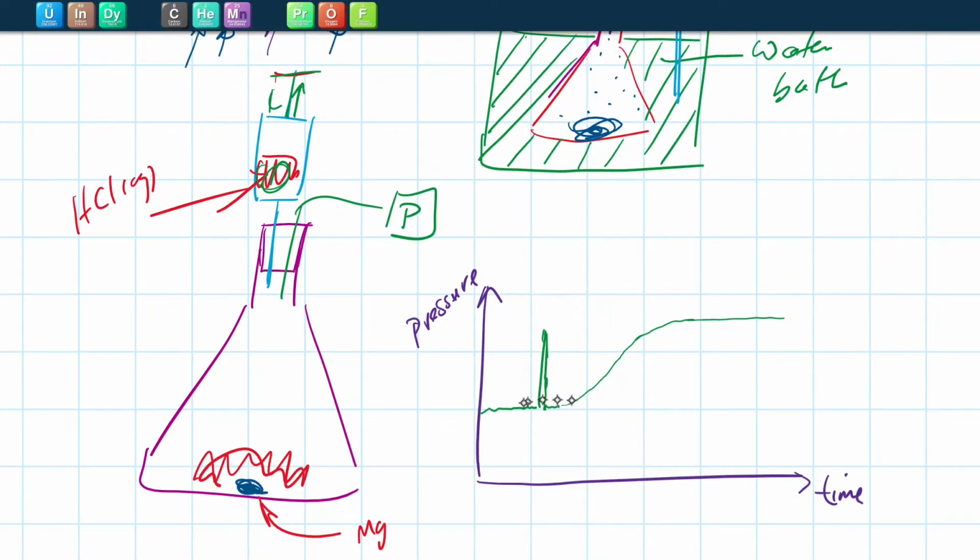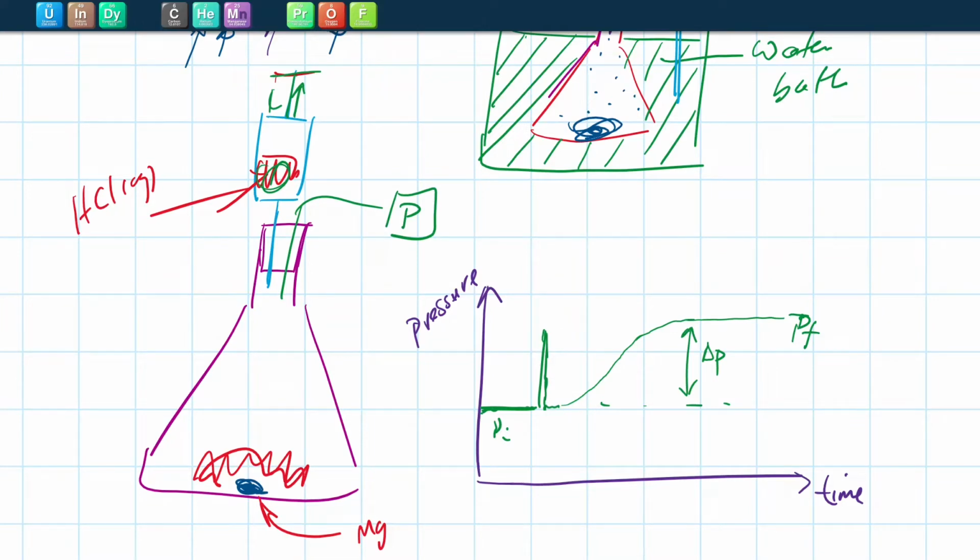So this initial part is your initial pressure, and this is your final pressure, to give you your pressure change, your delta P. That's the essence of the reaction. We're basically reacting hydrochloric acid and magnesium, finding the pressure change.